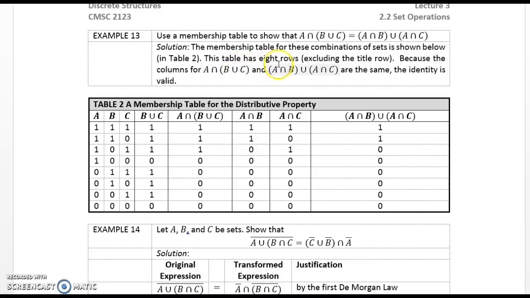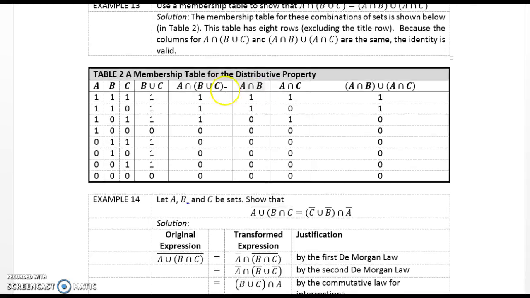The table has 8 rows excluding the title row. Because the columns for A intersect the quantity B union C and the quantity A intersect B union the quantity A intersect C are the same, the identity is valid. And we can see how we constructed this.